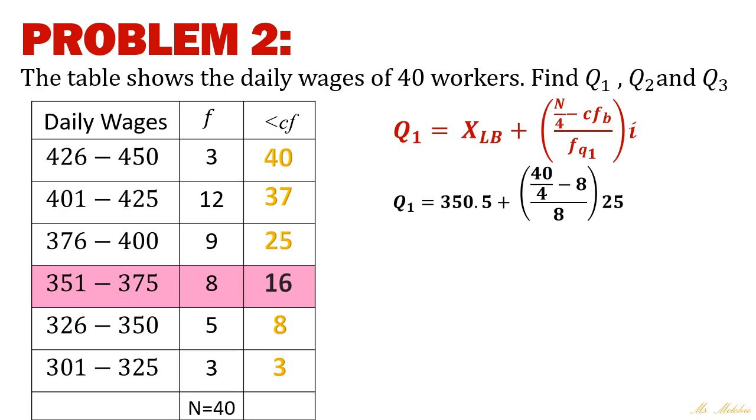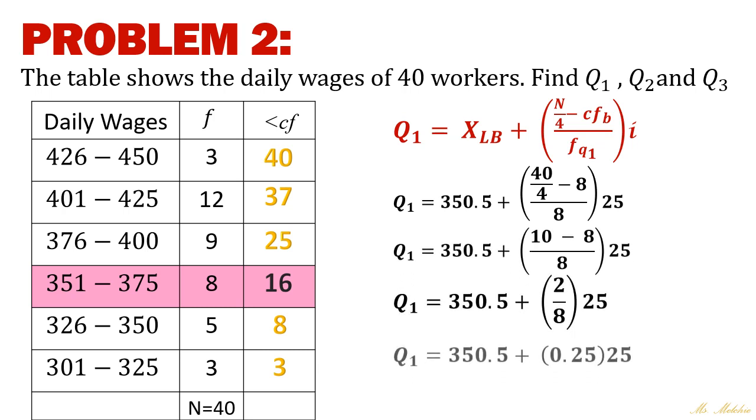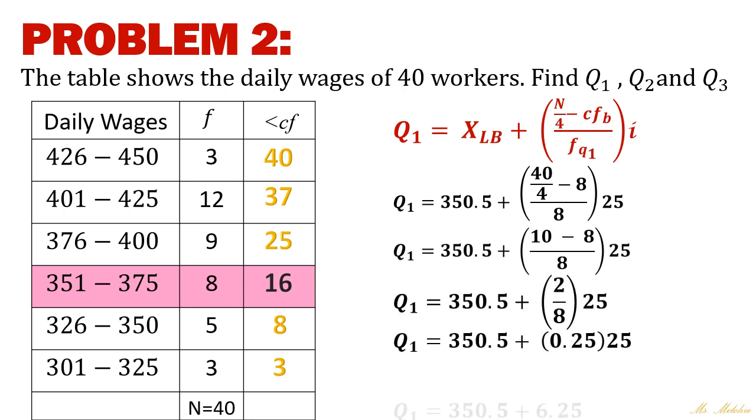Then do the PEMDAS properly and simplify properly. Don't forget, you are supposed to round off only at your final answer. So here, as you can see, our Q1 would be 356.75. Round off to the nearest hundredths if necessary.